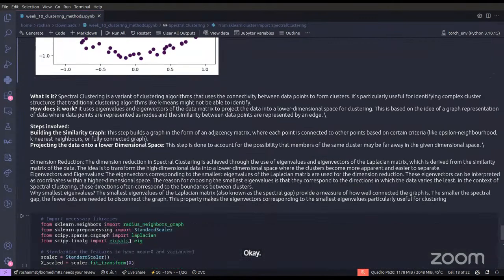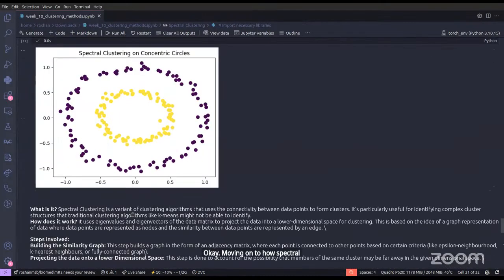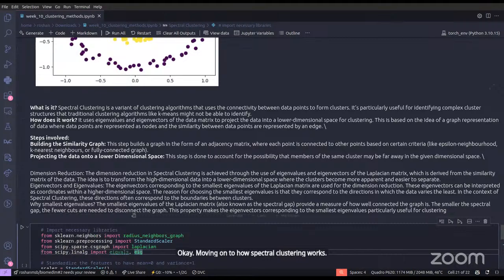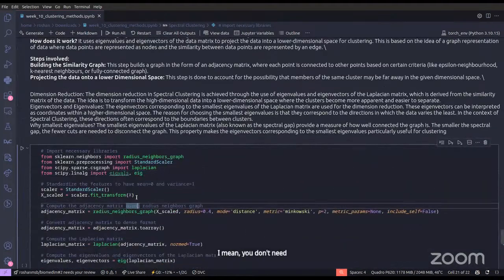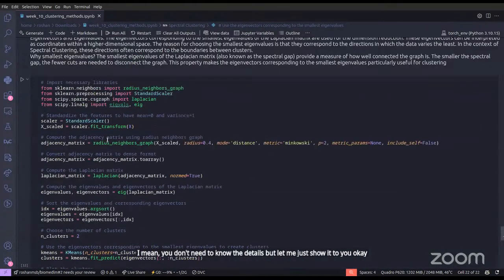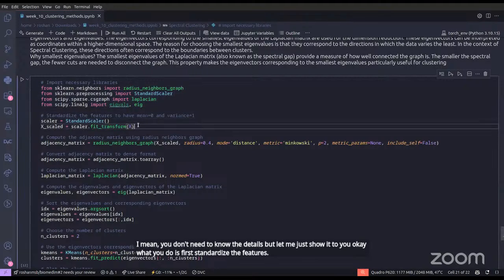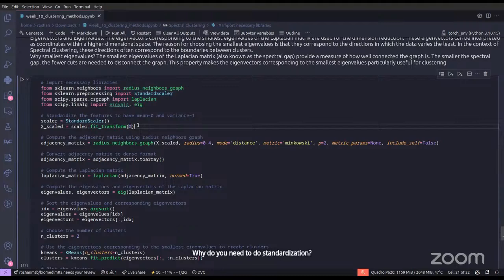Moving on to how spectral clustering works. I mean, you don't need to know the details, but let me just show it to you. What you do is first standardize the features. Okay. Why do you need to do standardization? This has been explained in almost every class, I guess.